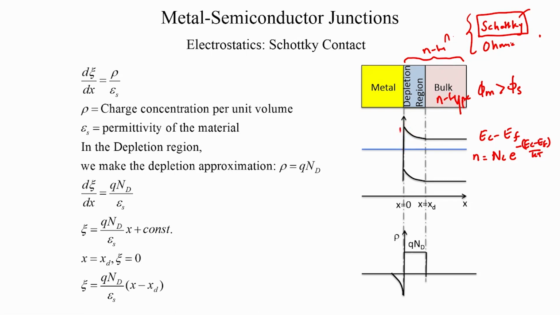Since this EC minus EF is greater than the EC minus EF in the bulk, the electron population here is much smaller than the electron population in the bulk. You should remember that the population scales exponentially with the energies. So, small differences in energies lead to large differences in carrier concentrations, and kT is not a very large number. kT by q is of the order of 25 millivolts, and kT is therefore about 25 milli electron volts. So, it is not a very large number.